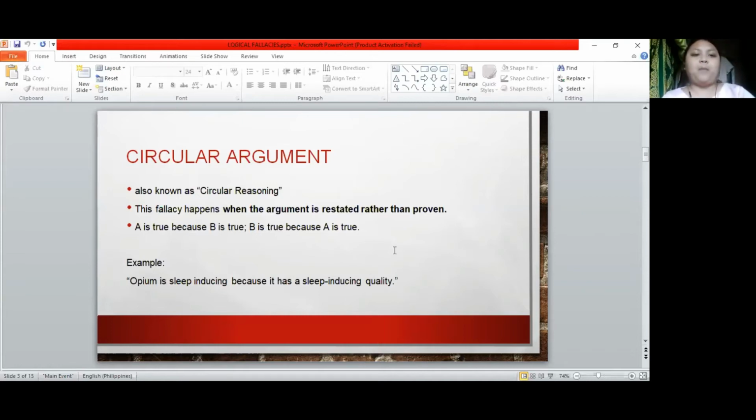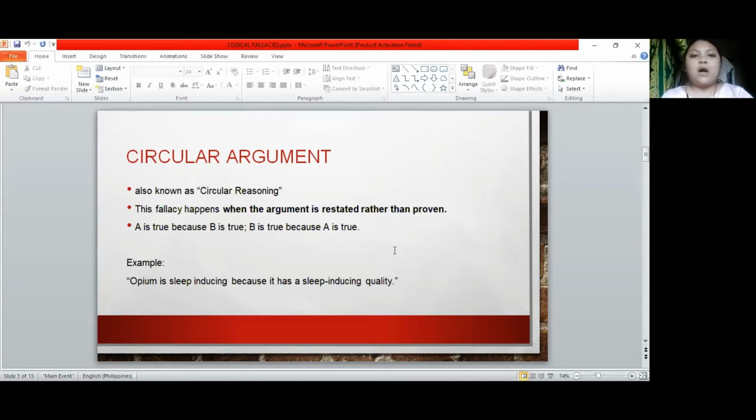For example, opium is sleep-inducing because it has a sleep-inducing quality.